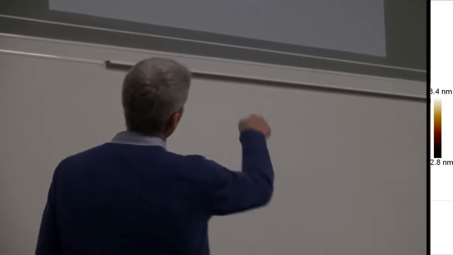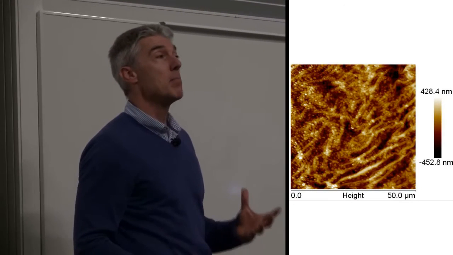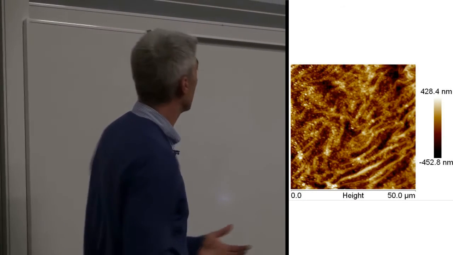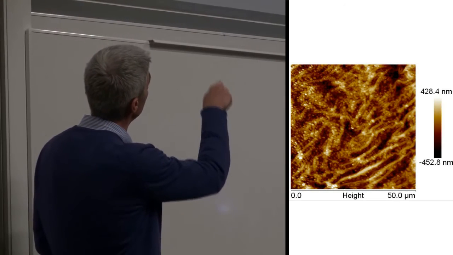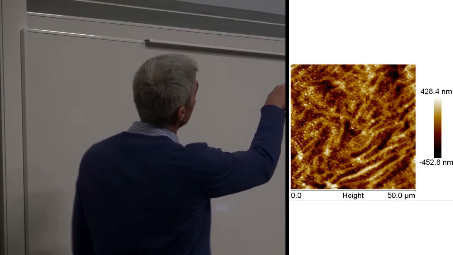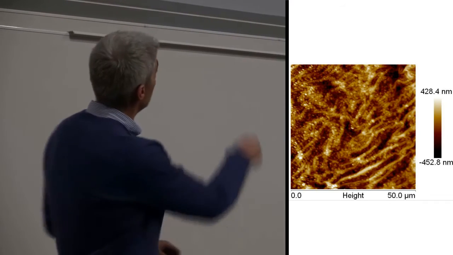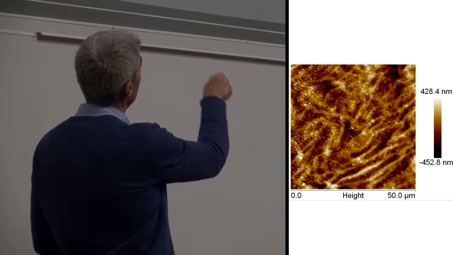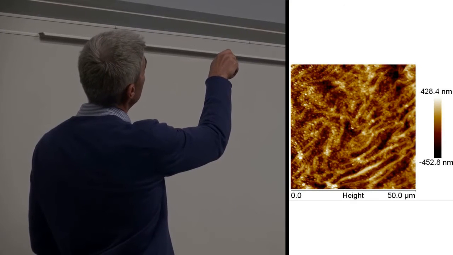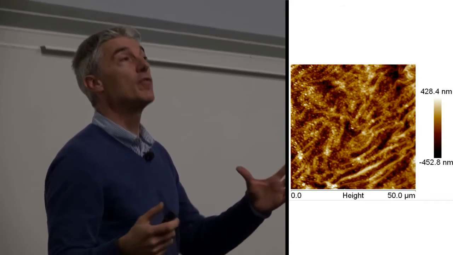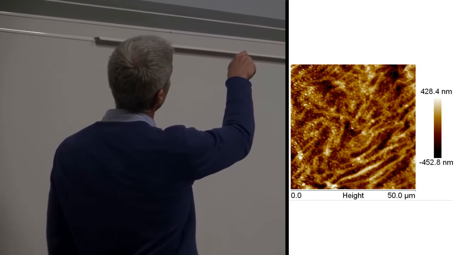But we can build up this, and this is an AFM map of the damselfly wing surface, a small region, 50 microns by 50 microns. Everything that's black here is at that particular height. Everything that's sort of white and yellow is at that height. So there's about a micron of difference in height between there and there.